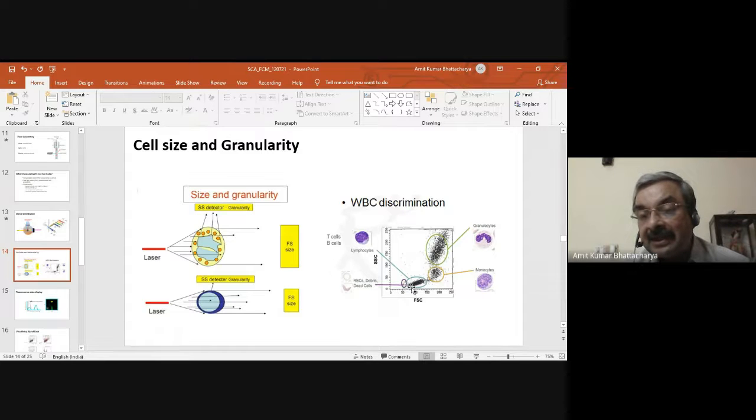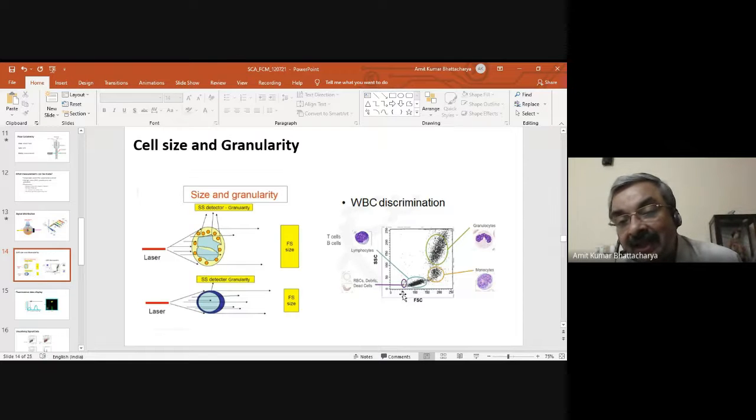On just this basis, you are able to pick up 3 or 4 populations of cells. The smallest are the RBCs, which have a size of around 5 microns. The next bigger are lymphocytes, around 7 microns in size.